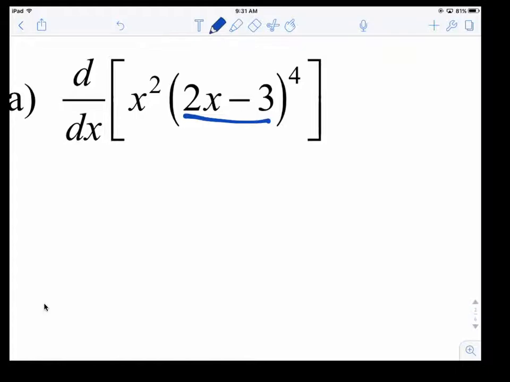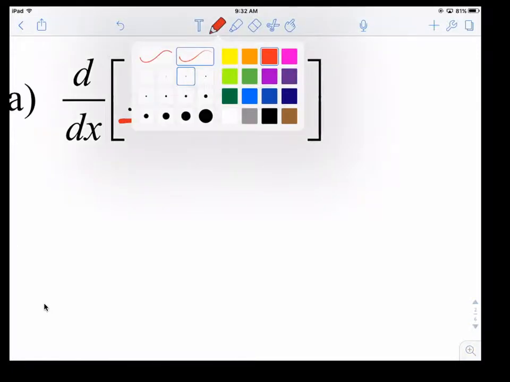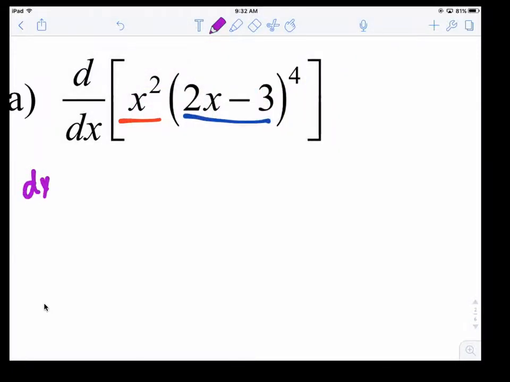okay, so I have x squared, and I have 2x minus 3 to the 4th. So I have a product now of functions. And now when I take the derivative of the second guy, I'm going to need to use the chain rule to figure out its derivative. All right, so I have dy over dx.